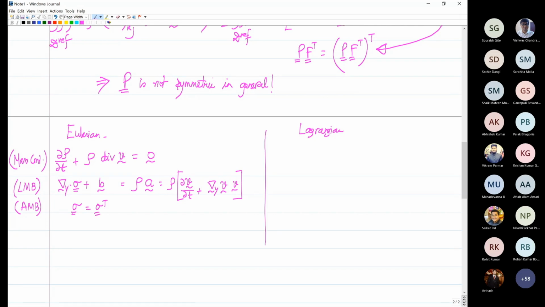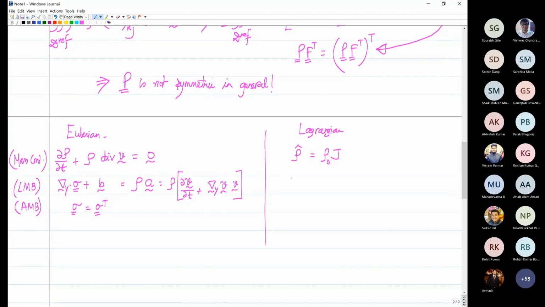You come to the Lagrangian. Mass continuity is very simple, and it is that rho hat, I'm just writing rho hat, but understand that rho hat is the same as rho bar or rho that we have here. So rho hat is equal to rho naught times J. So rho naught is an extra thing here, the referential mass density, which is actually known.